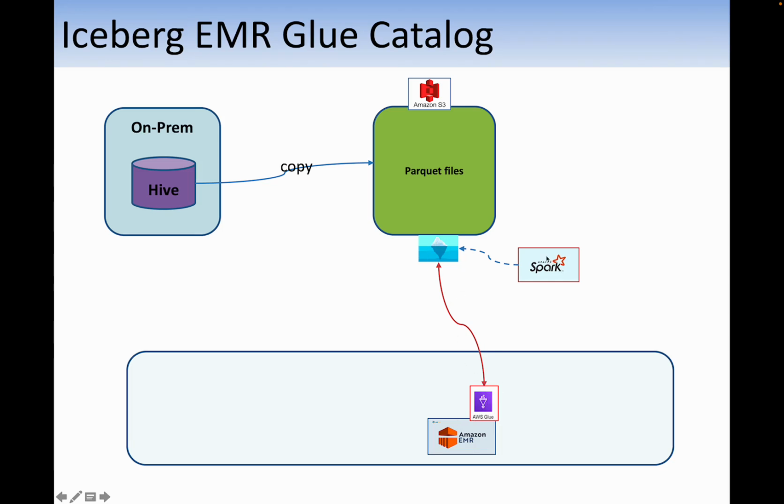But he, or she, or whoever on the Spark team wants to read this table. Then how do you do that? Initially we used the standalone Spark to create an Iceberg table, but the EMR via Glue is modifying the data. But how do you read it? So I'm going to walk through that step.